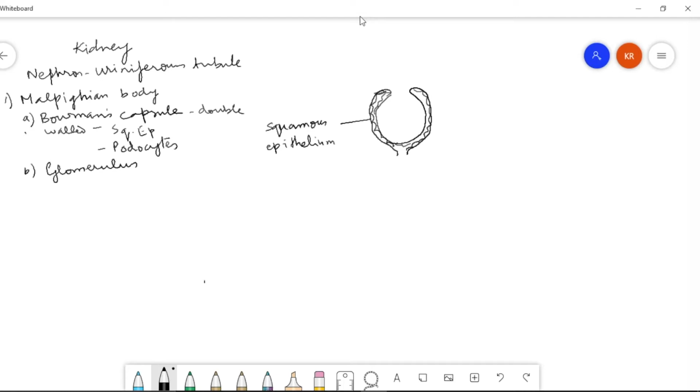Now these podocytes look like this, with several such digital extensions. So this is somewhat like a podocyte. There is a nucleus over here, but on this side, there are digital extensions. These are called pedicels. So this is a pedicel.